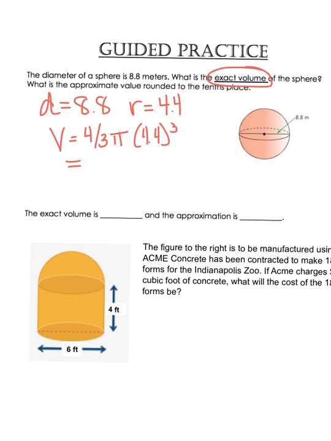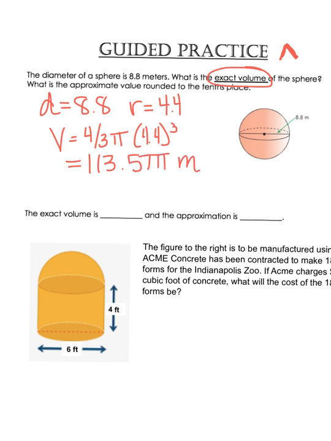Remember that caret function that we talked about? It looks like this in your calculator, or you can use the X to the Y button or the Y to the X button. I'm doing that instead of taking 4.4 and multiplying it by itself 3 times. So again, 4 divided by 3 times 4.4 to the third power, and that is 113.57 pi units.